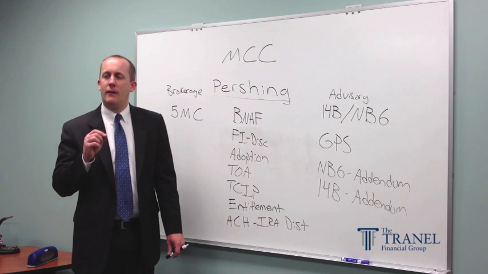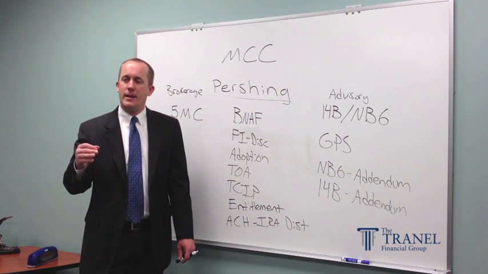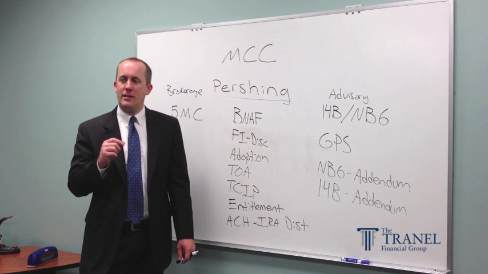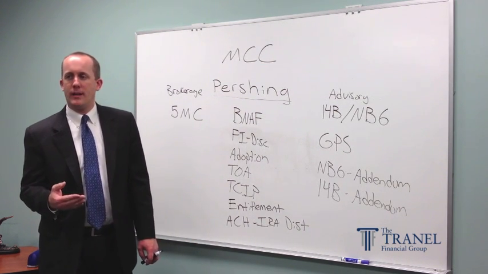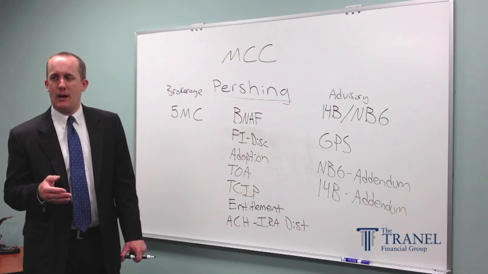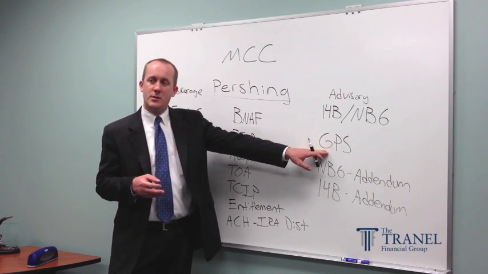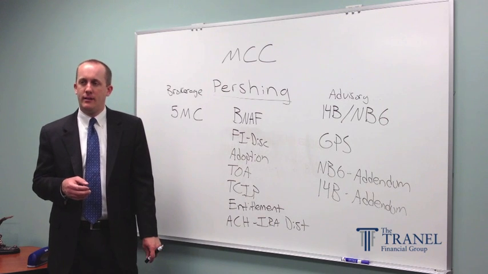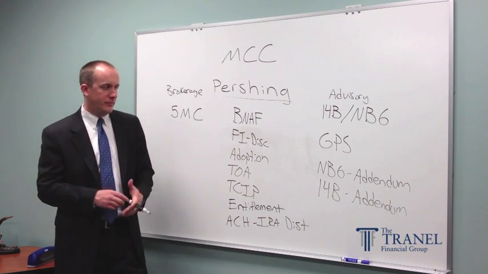GPS is the formal agreement between you and your client that they sign and you sign that effectively hires you to be the advisor on the account, and it ultimately outlines what the annual fee will be, paid quarterly, inside that account.